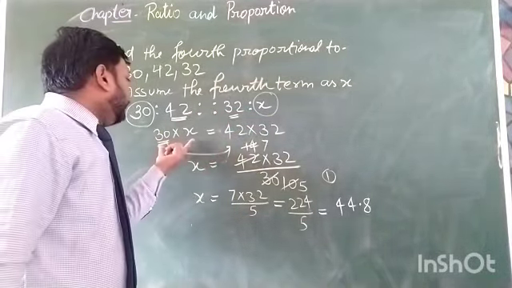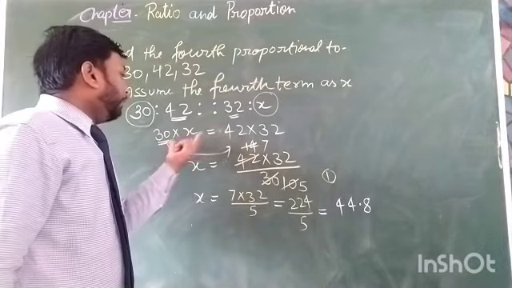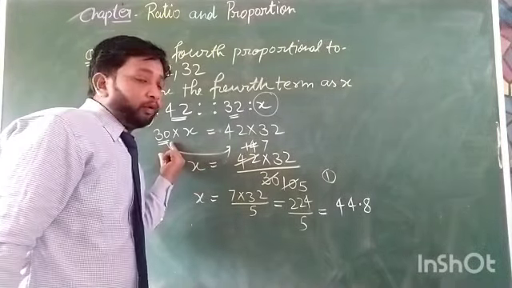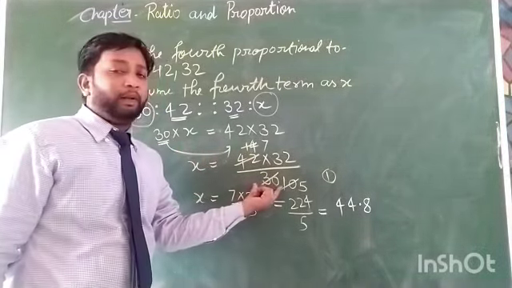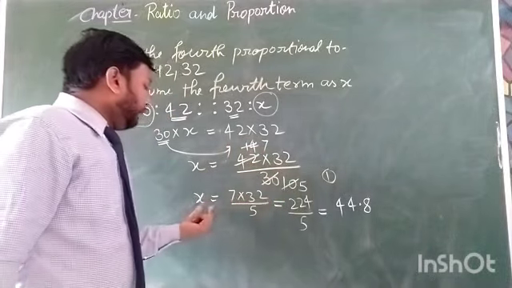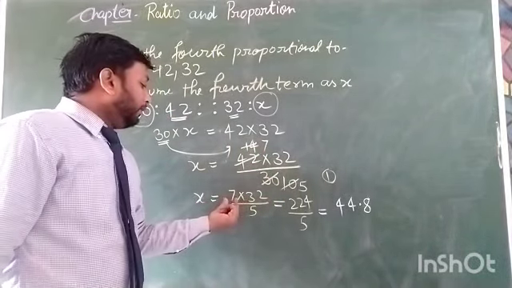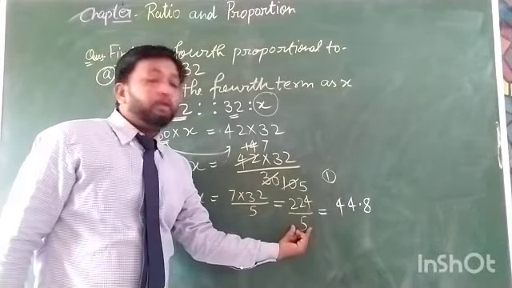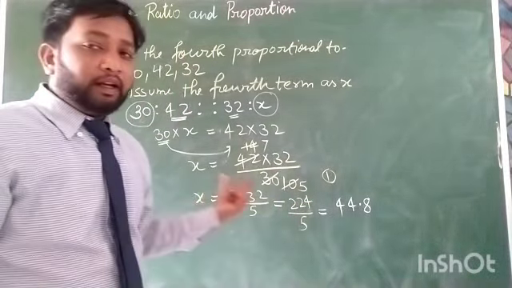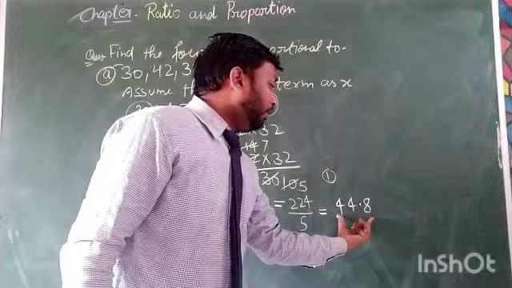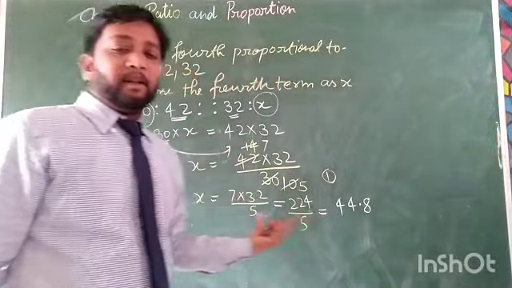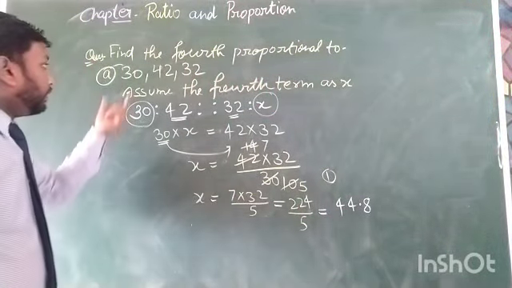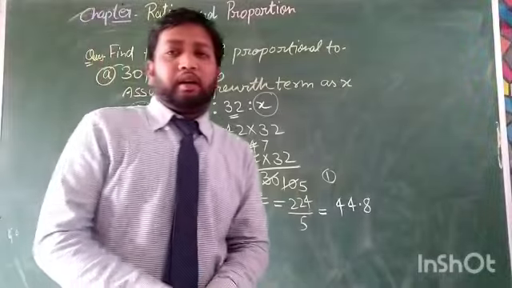If we transpose 30 to the other side, it will be in division, and we simplify to get the value of x as 32 into 7 upon 5, that is equal to 224 upon 5, and in decimal terms 44.8.